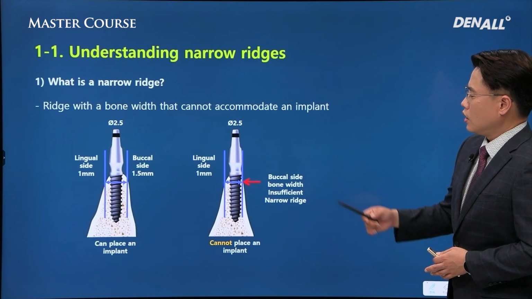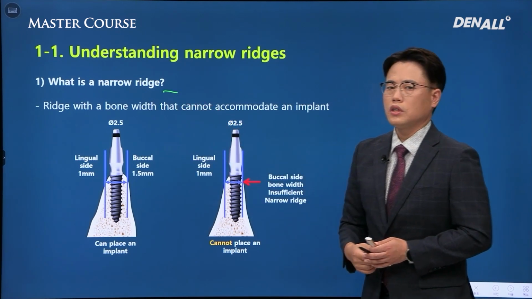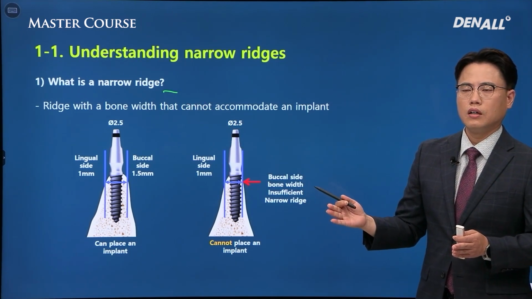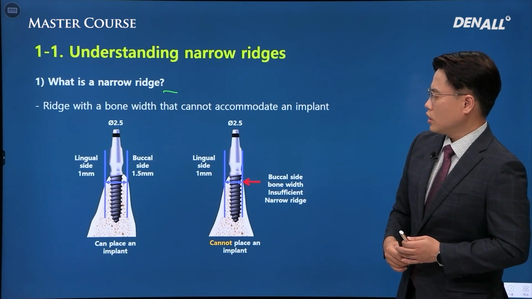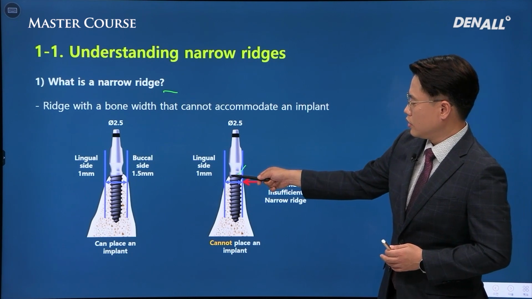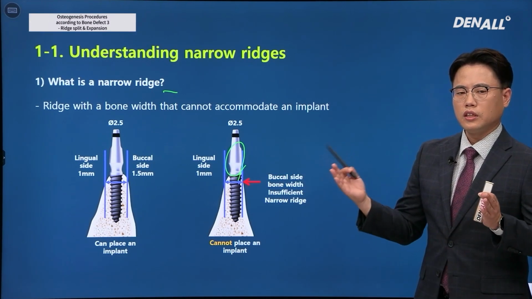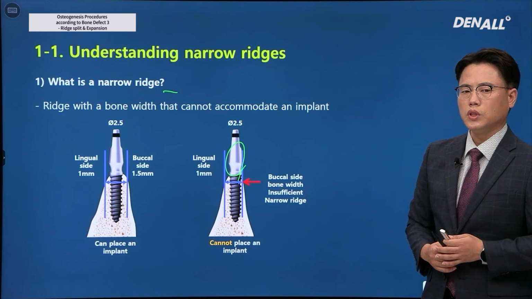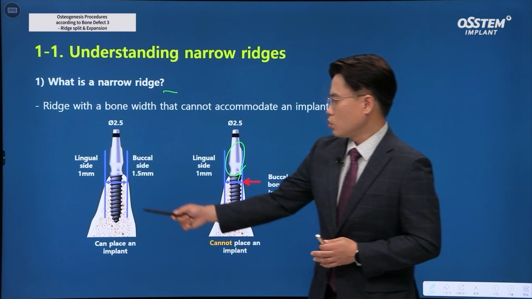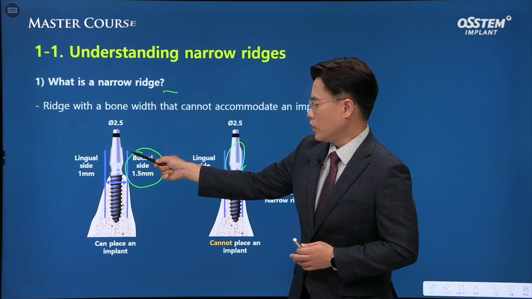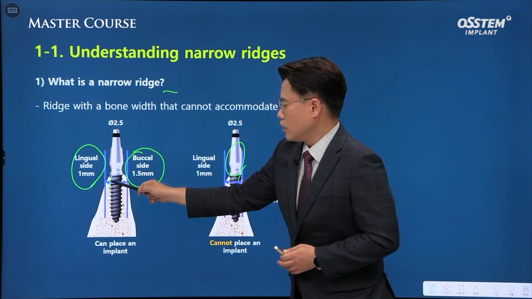The definition of narrow ridge. Is the ridge just narrow? The standard is slightly unclear. You need to think of whether the ridge can support the implant size which is going to be placed. In general, there needs to be at least 1.5 millimeter of bone buccally and 1 millimeter of bone lingually.